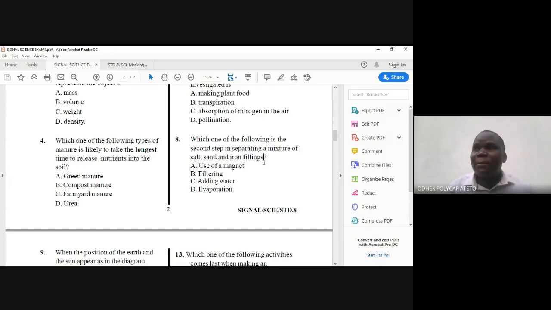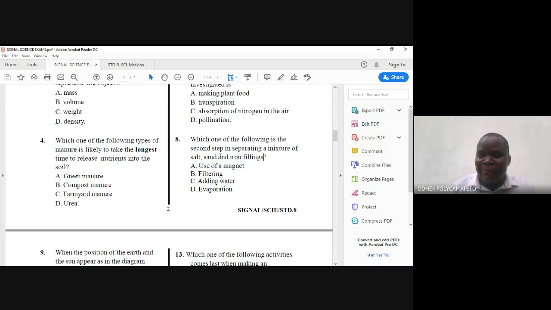True or false? True. Okay, the second step. Because I have salt and sand, all of them solid, I will dissolve by adding water. True or false? When I add water, the third step, I will filter, remove sand.